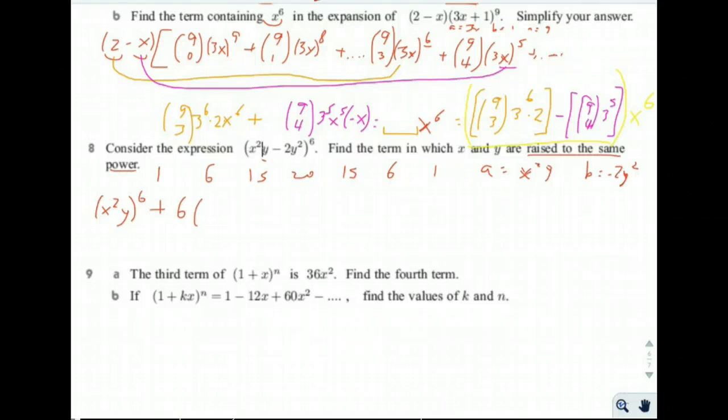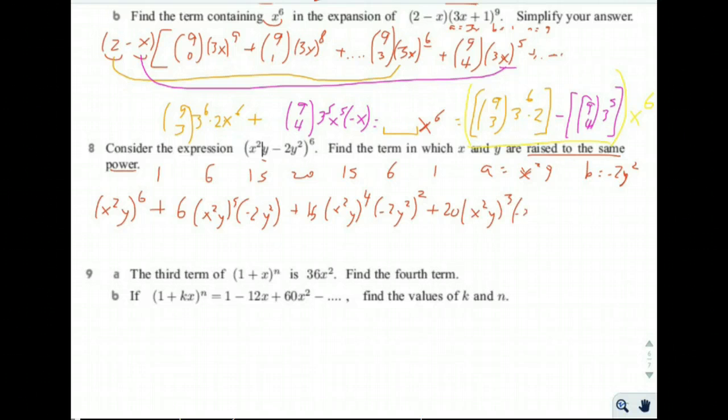So this would be x squared y to the fifth times negative 2y squared. 15 would be x squared y to the fourth times negative 2y squared squared. 20x squared y to the third, negative 2y squared to the third.